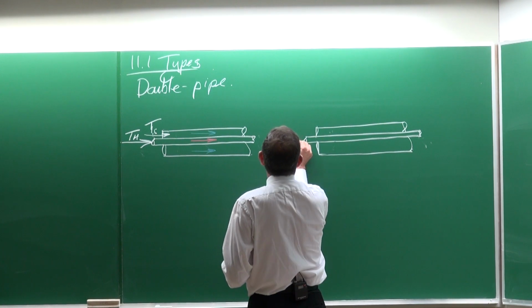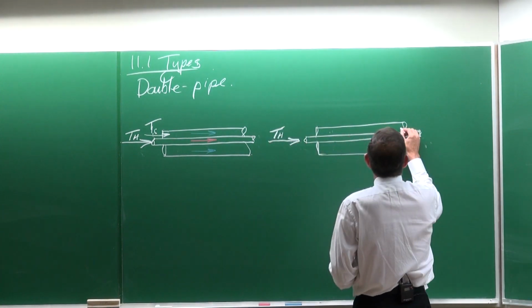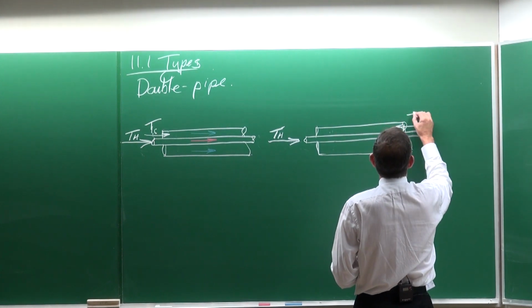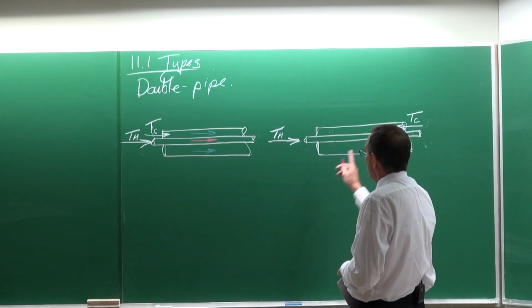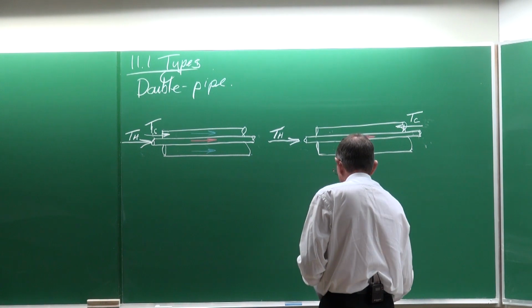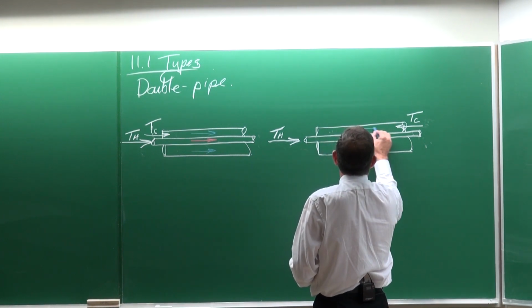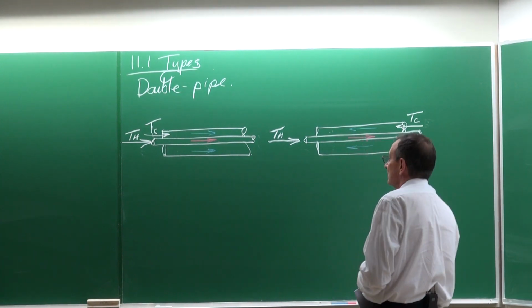And the second type of configuration, if we use the hot fluid again in that direction, then the cold fluid is going to be directed in the opposite direction. So therefore, in this case, we've got the flow in the inner tube in that direction, and the flow in the annulus in the opposite direction.